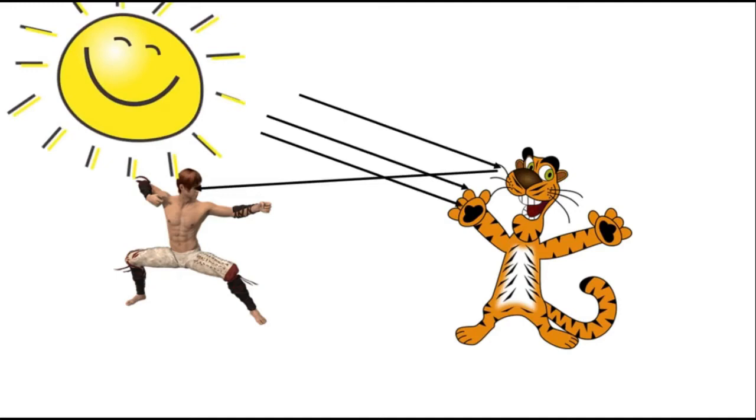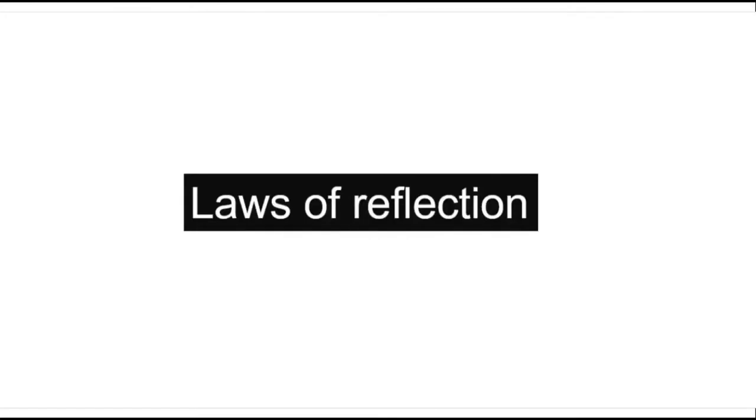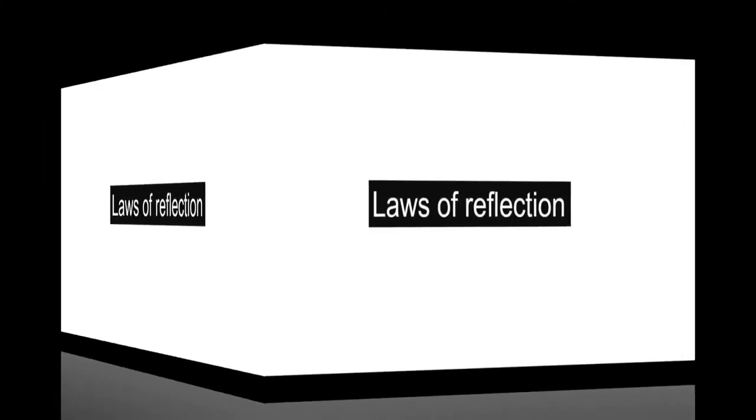So once again, light helps us to see things, and objects are visible only when they reflect light. But when light reflects, it follows certain rules, and those rules are formulated as the laws of reflection. We shall have a demonstration to understand the laws of reflection.